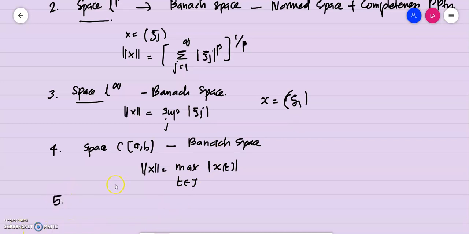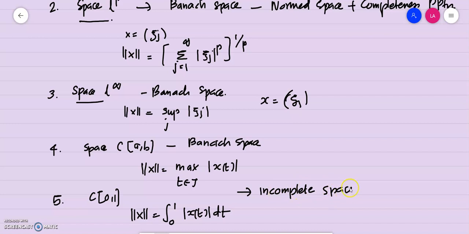Example number 5 is the space of all continuous functions on [0,1], C[0,1]. We have already discussed that here norm x is equal to the integral from 0 to 1 of modulus of x of t dt. This is the norm, and actually this is an incomplete space.